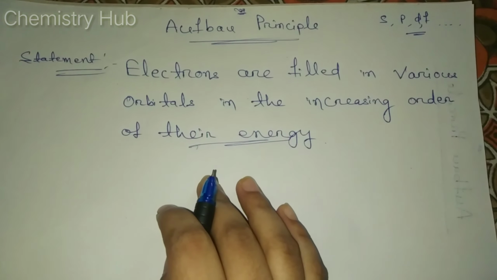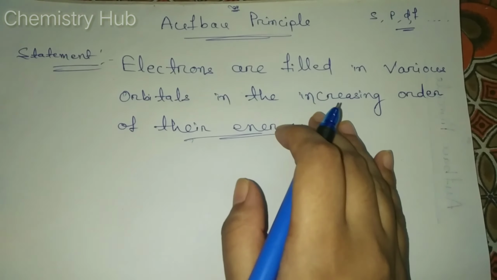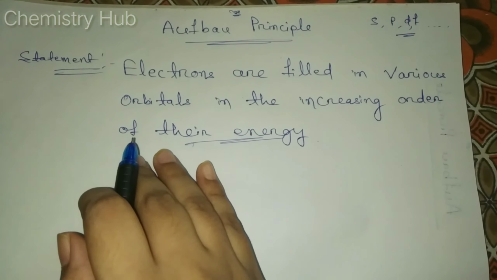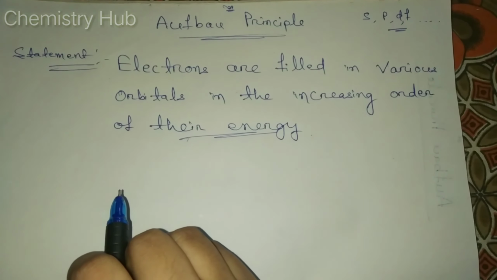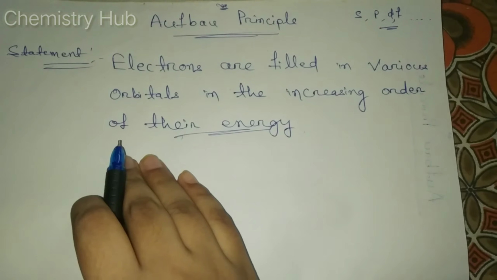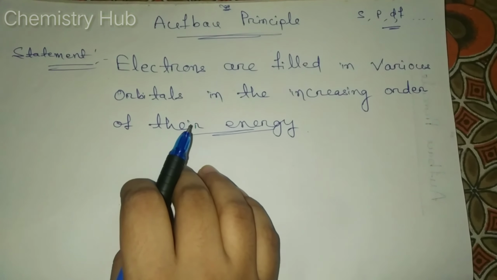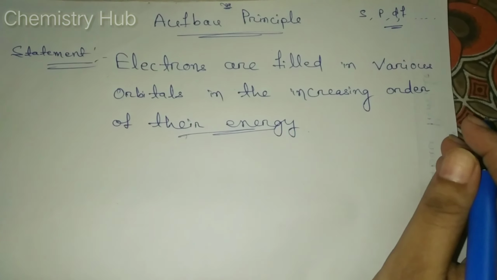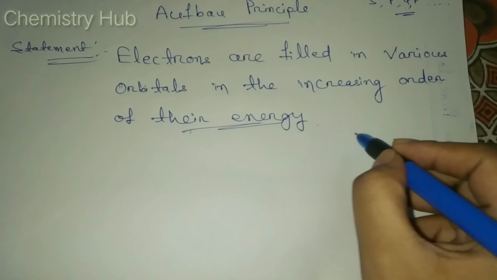According to Aufbau, electrons are filled in various orbitals in the increasing order of their energy. So, what does it mean? For understanding this, you have to know what an orbital is and how many electrons can be present in an orbital.